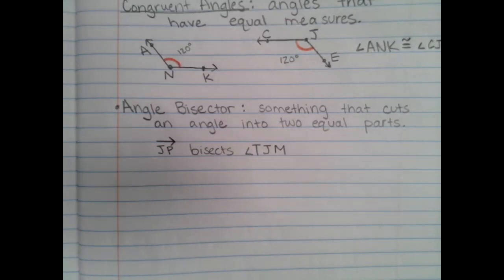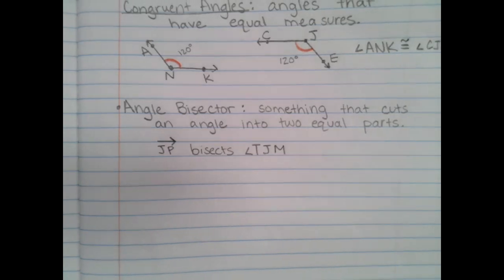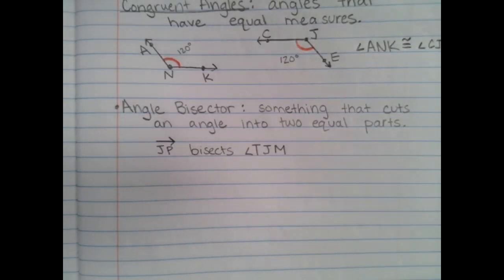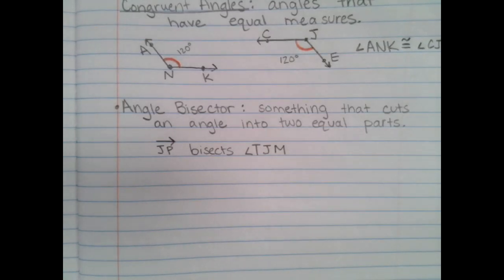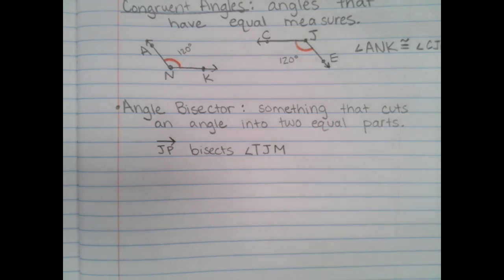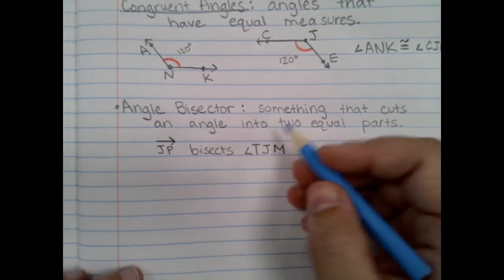So when you cut something in half, do you just start cutting random things and hope to get half? No, first you start with the thing you're cutting, right? You hold the piece of paper you're cutting, or the piece of string you're cutting. So we're going to start by drawing our angle, TJM.